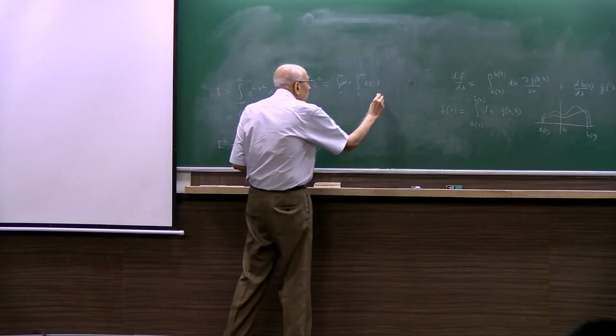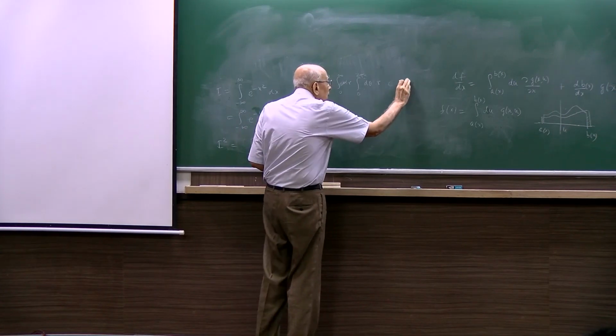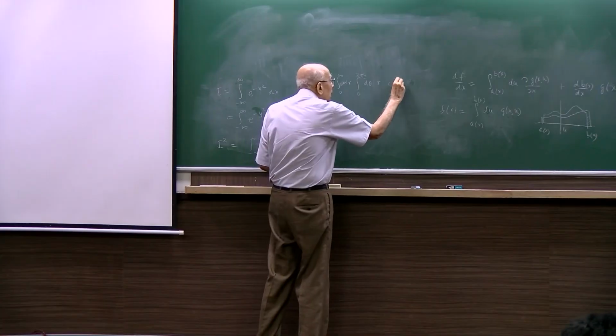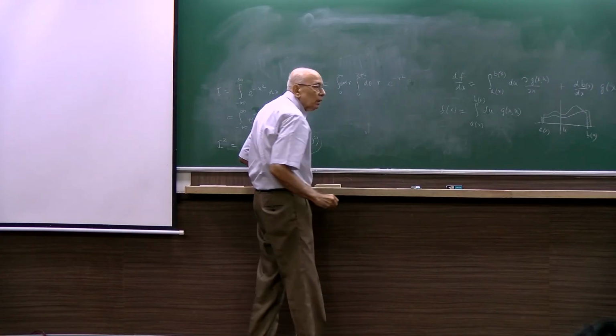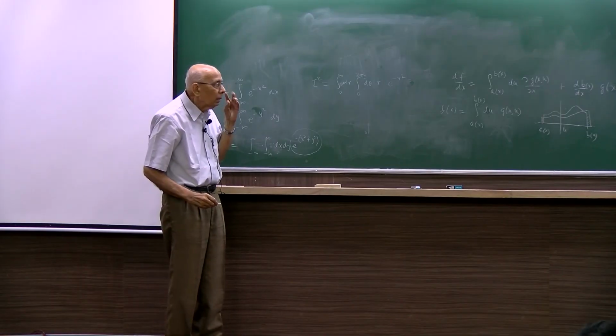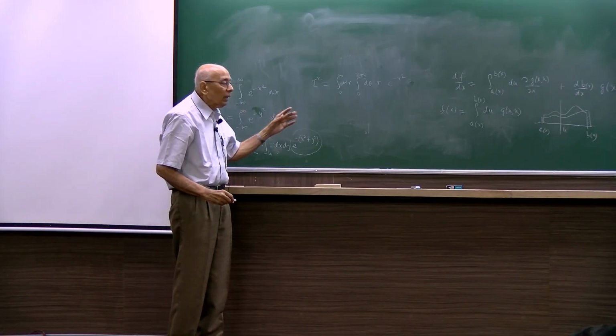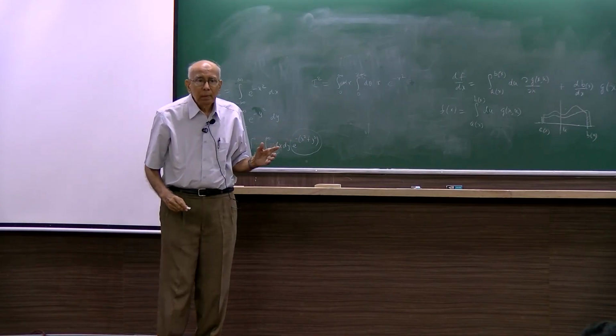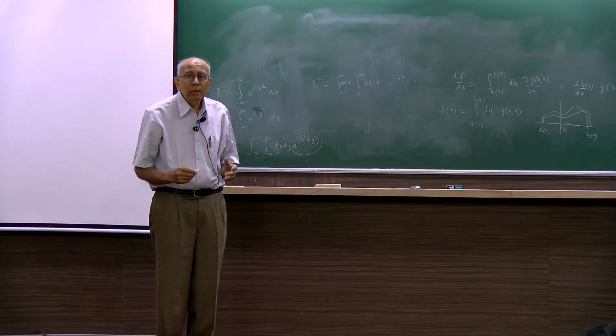Multiplied by whatever this function is in polar coordinates. What is this equal to? E to the minus r squared. That's the Pythagoras theorem. X squared plus y squared is r squared. What is striking about this integral? Is there any theta dependence in the argument?